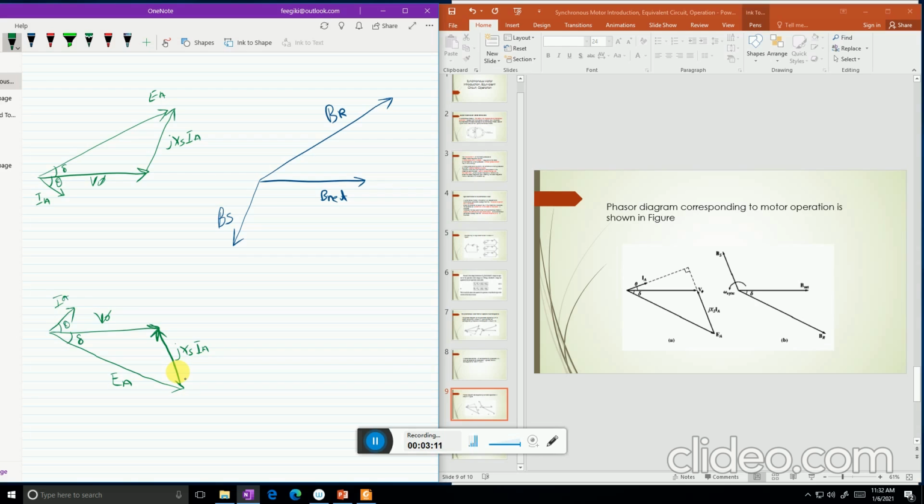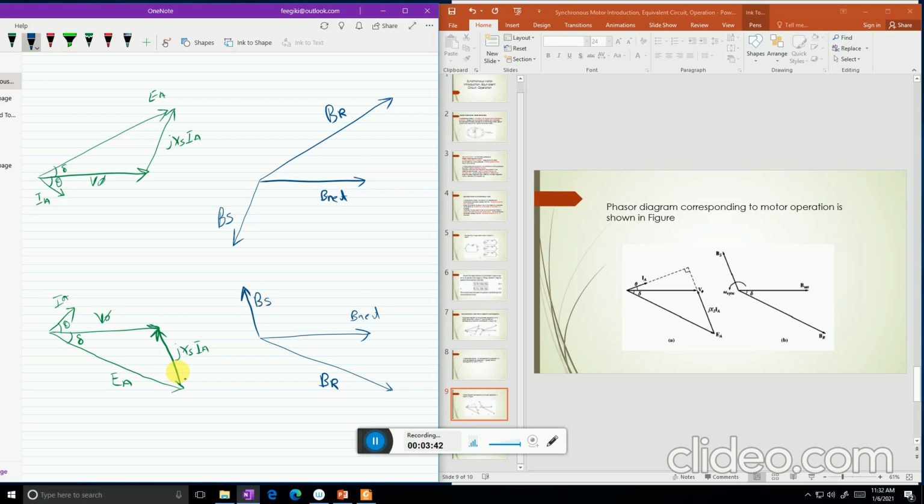And if we have to draw the corresponding magnetic field diagram, V phase corresponds to B net, EA corresponds to BR, and jXs IA corresponds to BS.